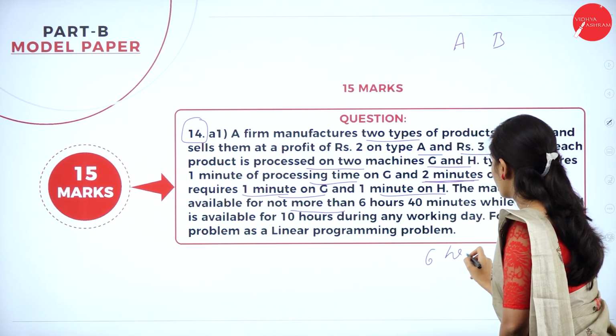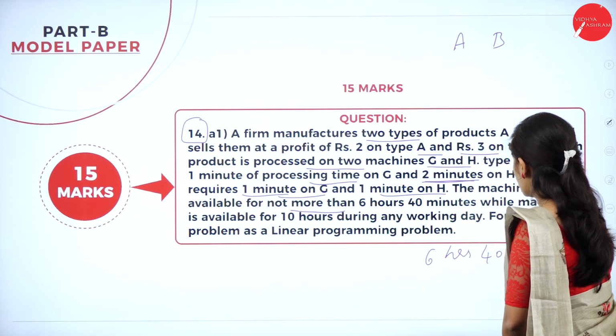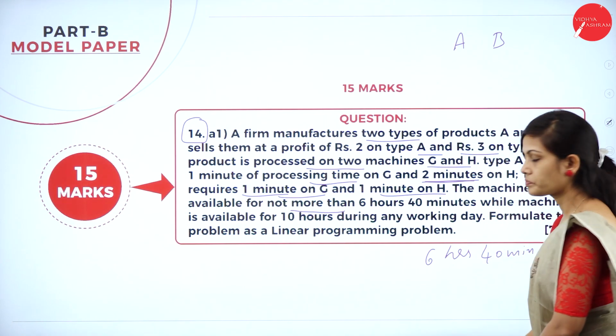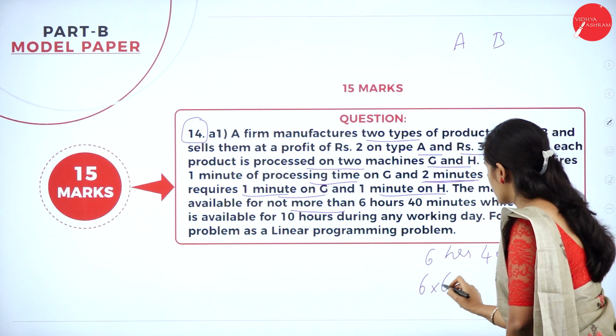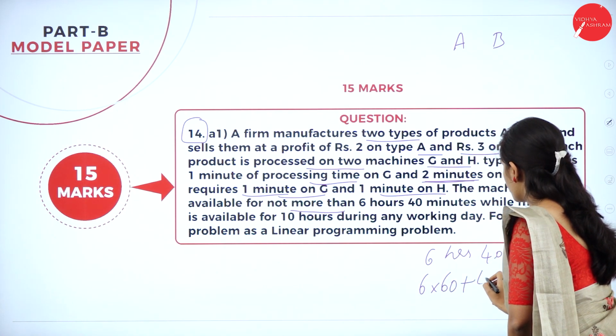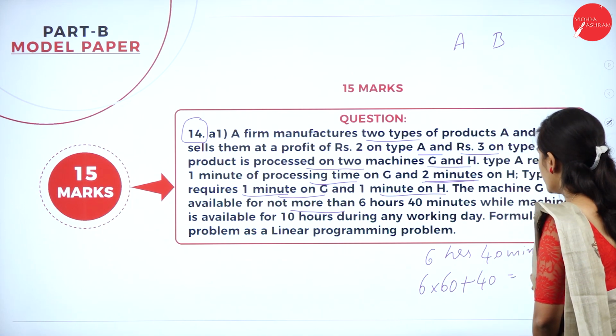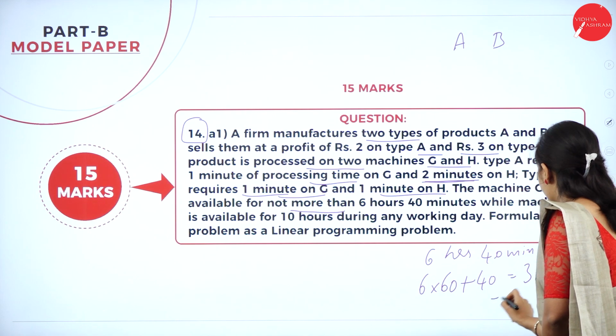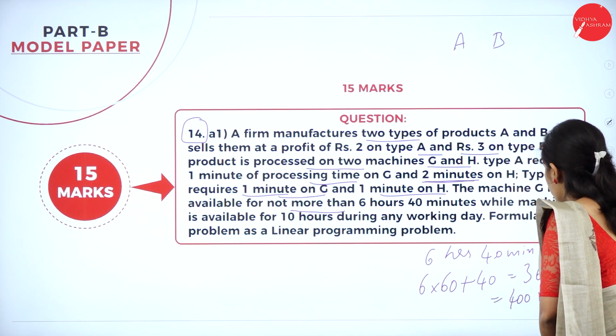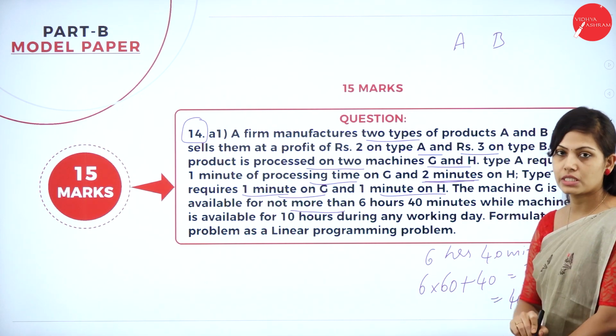6 hours 40 minutes. You have to convert this into minutes. 6 into 60 minutes plus 40 minutes. So 60 into 6 is 360, plus 40, it is 400 minutes. You have to convert this.